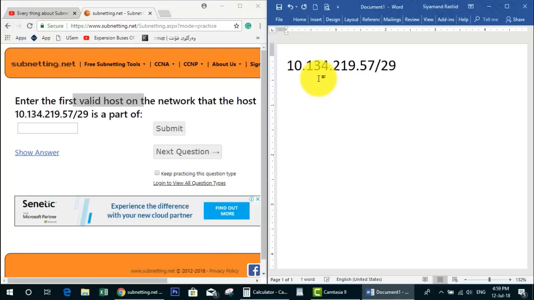/29. First step, we change this 29 to a subnet mask. So we have to convert it to the octet.